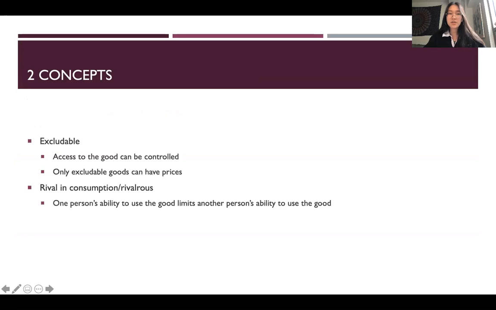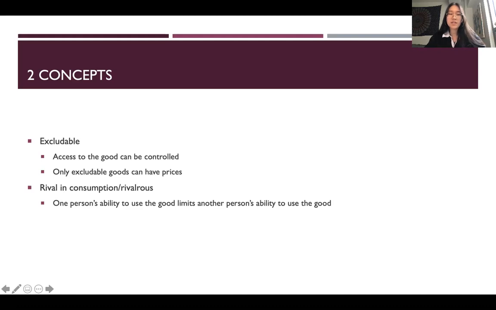So two concepts are used in the classification of different types of goods: excludable and rival in consumption. Excludable means that access to the good can be controlled, and only excludable goods can have prices. So for example, a producer might set the price for an apple to be very high, and in that case, some groups of people might not be able to afford the apple, and as a result, their access to the good is controlled.